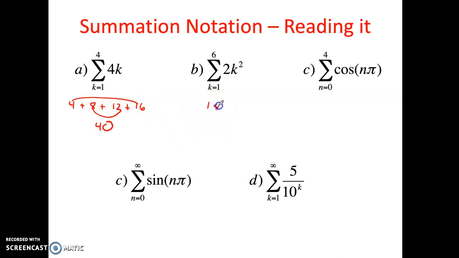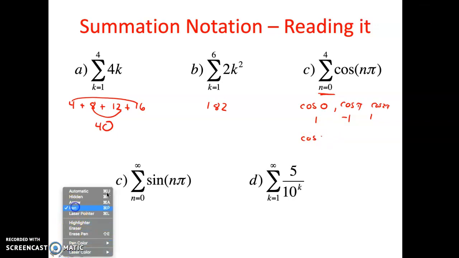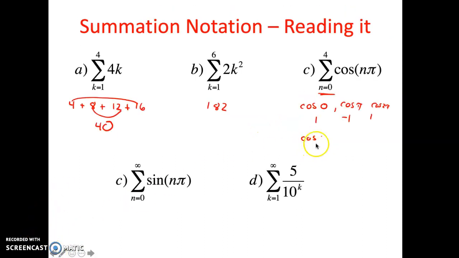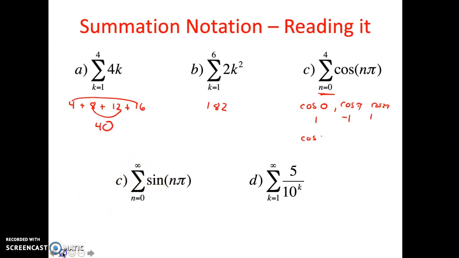If you want to try it on your own, the answer is 1. If you substitute 0 in, cosine of 0 is 1. Substitute 1 in, cosine of pi is -1. Substitute 2 in, cosine of 2 pi is 1. Substitute 3 in, you get cosine of 3 pi, which is -1.